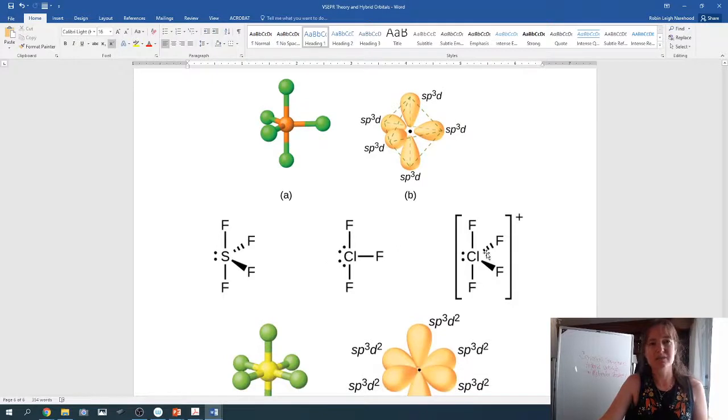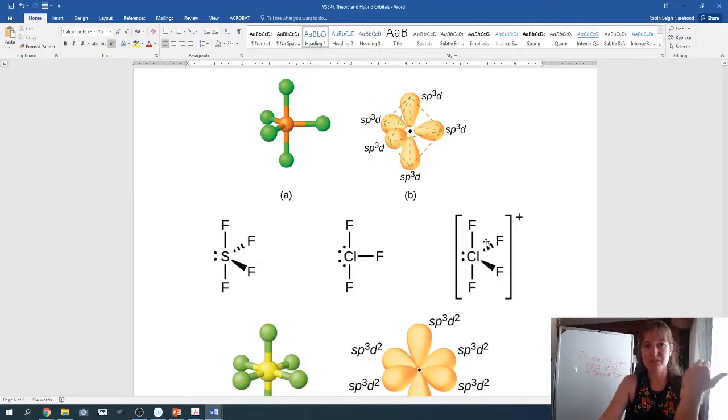Each of these Lewis structures is in the sp3d hybridization. Here this sulfur has 1, 2, 3, 4 atoms and 1 lone pair. That's 5 domains. This chlorine has 3 fluorine atoms bonded to it, and then it has 1, 2 lone pairs.